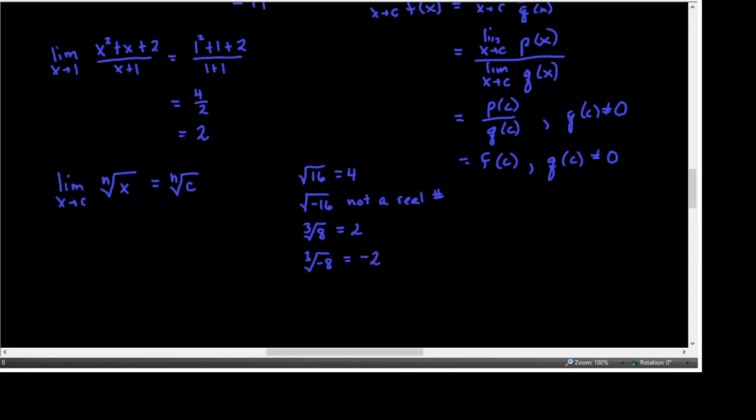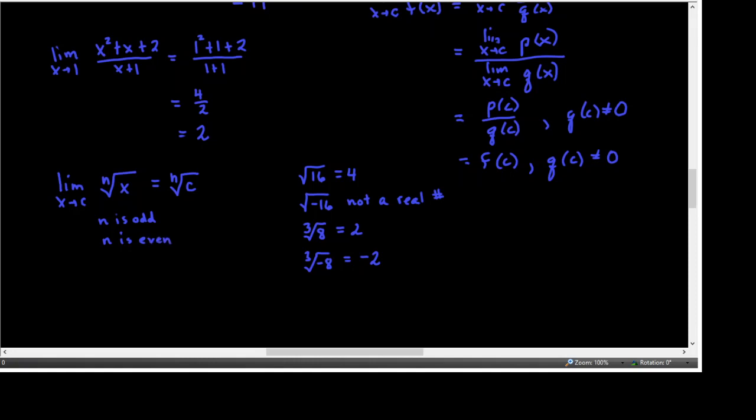So the lesson to take forward is that you can simply do substitution if n is odd, like cube root, 5th root, 7th root. You can just substitute. However, when n is even, sometimes you can and sometimes you can't.